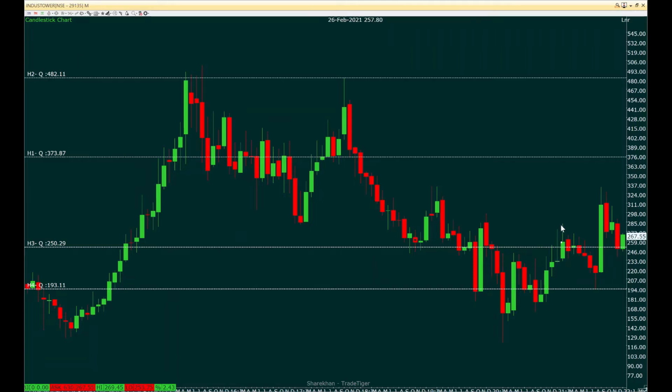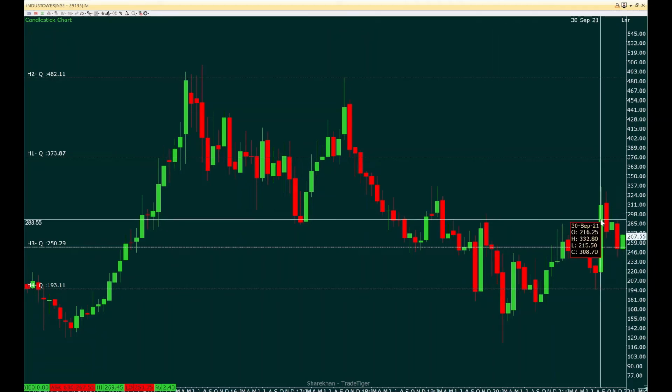Now when price again started reacting from this supply zone, it came back, reacted from this area, and this time it has formed a good explosive candle which is closing out of this area as well as this area. So the previous resistance was 297 and this close was at 308, which is above this level.